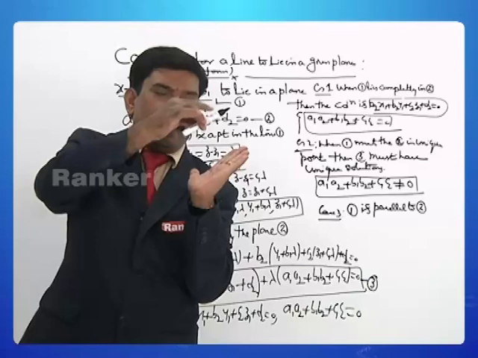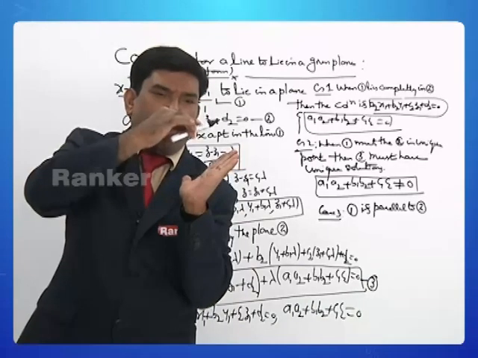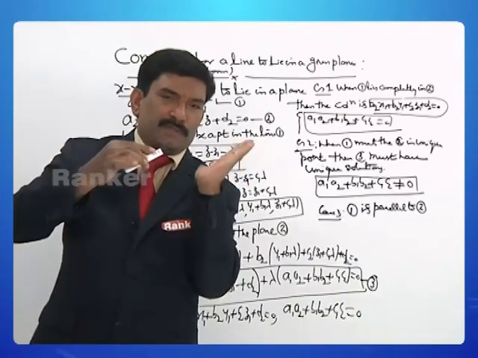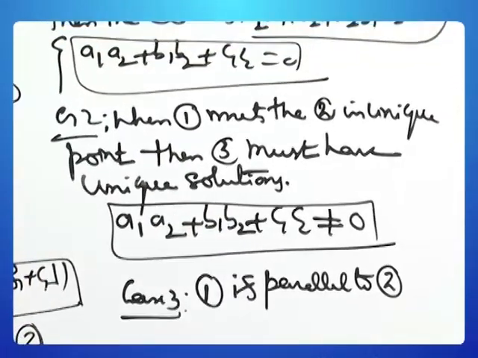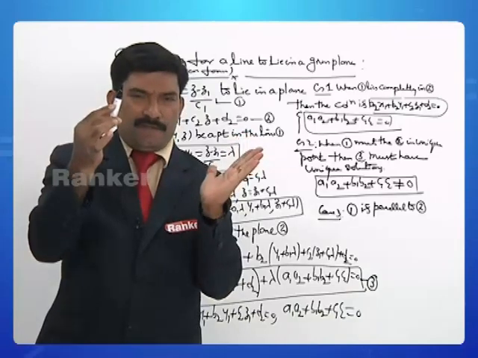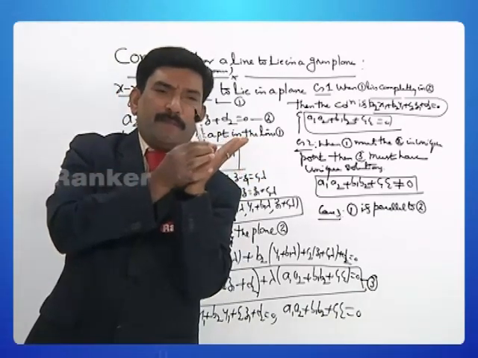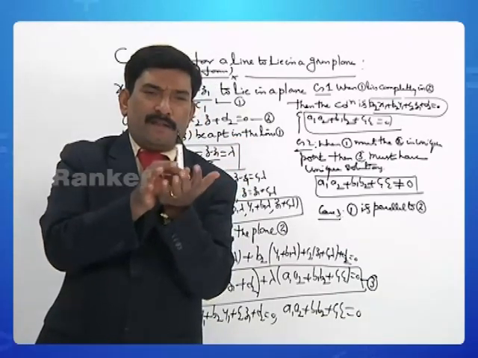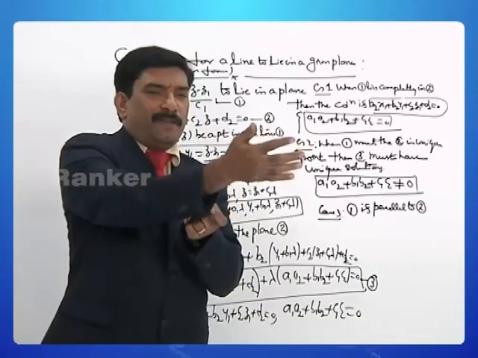This line is represented by equation 1, and this plane is represented by equation 2. It is quite obvious. Nevertheless, every plane must have a normal. For this normal, this line will be perpendicular.